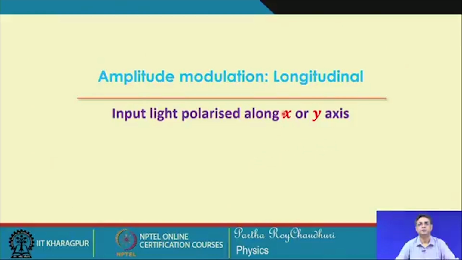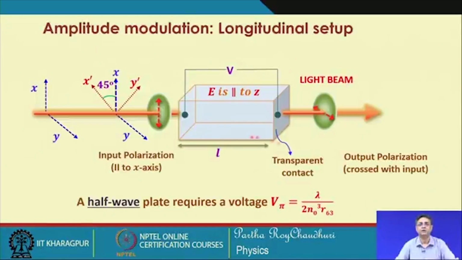If you apply an input polarization which is along x, this x will be split into x prime and y prime. These x prime and y prime, which are orthogonal polarizations, will be carrying different phases because of the voltage dependent refractive indices. Then these two will develop a delay, which will be modulated, and at the output if we put a crossed polarizer, this modulated output will be amplitude modulated. So, you have this basic setup.